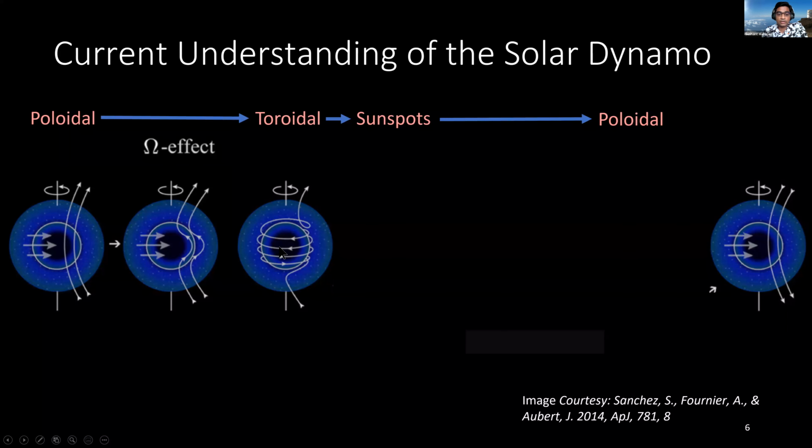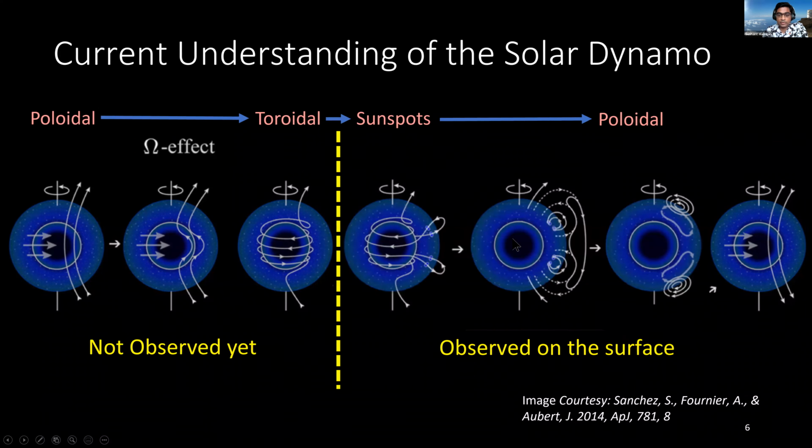Once you have strong enough magnetic flux tubes inside the sun, they can be subject to magnetic buoyancy and rise up to the surface, and pierce the surface in two locations, creating bipolar magnetic regions.